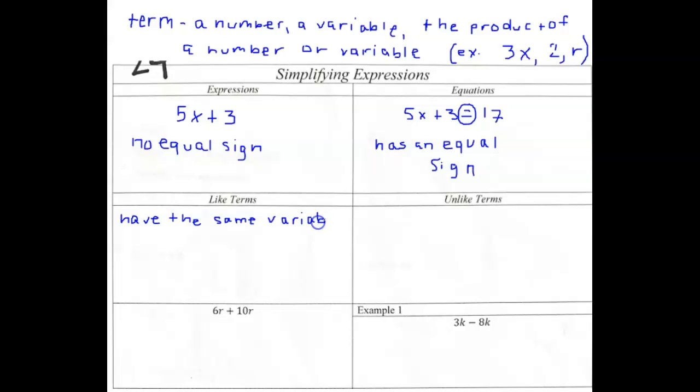Be careful with this, guys. They have the same variable, and this is what I need you to know, with the same power. Are we all on the same page? With the same power.